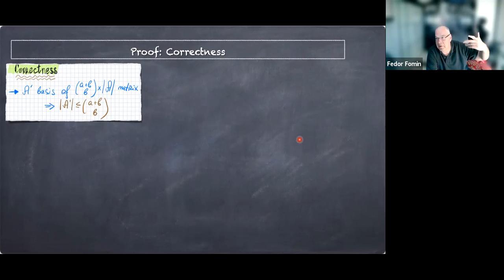So the row rank of this matrix doesn't exceed A plus B choose B, and that means that the rank is at most A plus B choose B, and so the size of the basis is also at most A plus B choose B.